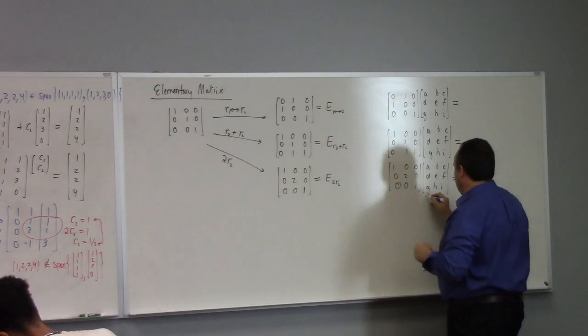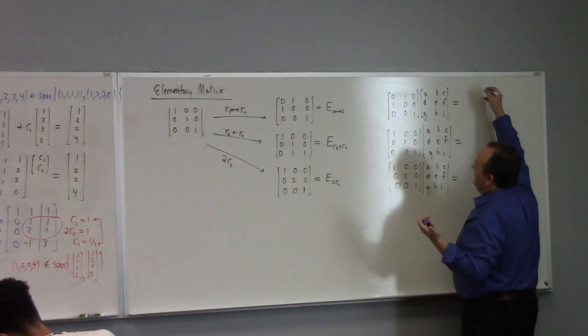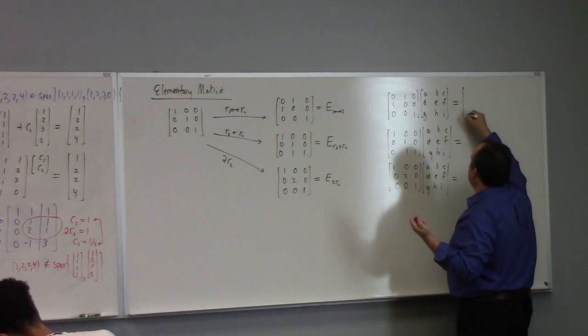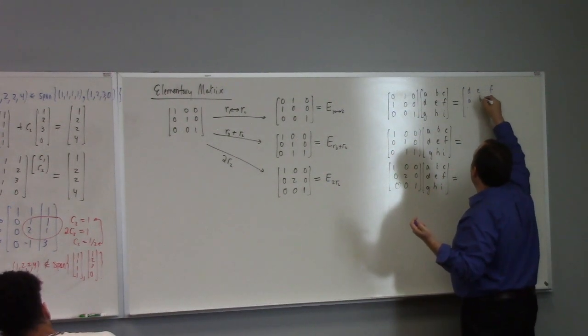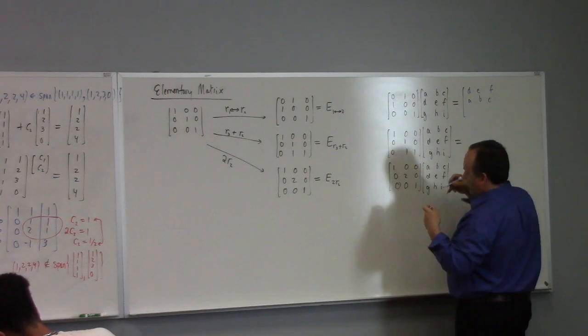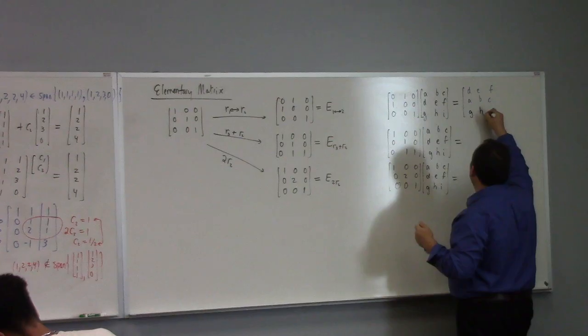Let me just do the multiplication. What happens here is you get D, E, F in the top row, and A, B, C in the second row. The G, H, I stays unharmed down there.